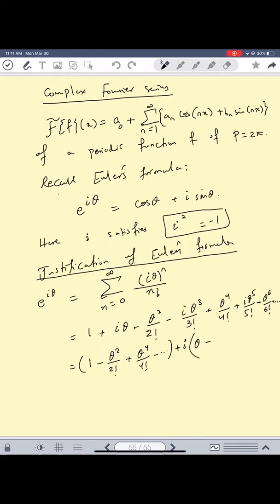These are theta minus theta cubed over 3 factorial plus theta to the 5 over 5 factorial, and so on. And now if you agree, the first quantity, containing the even powers, is exactly cosine theta, then the other quantity is sine theta. So this is the justification why.